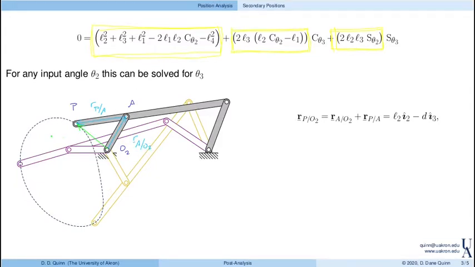And ultimately, we're interested in the position of P with respect to O2. So again, if I know the configuration, theta 2 and theta 3, then this vector that I'm interested in is L2 in the I2 direction, that's this, minus d in the I3 direction. Because remember, I3 was directed to the right, and of course I2 was along link 2.